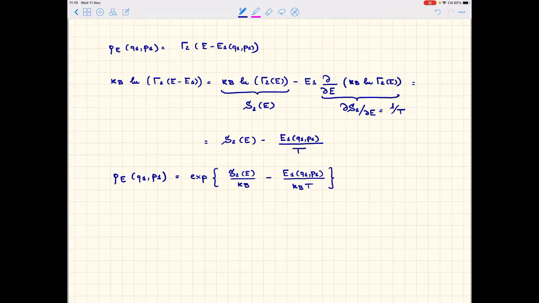In other words, what I discover is that the density in phase space of system 1 is proportional to the exponential of minus the energy E1(Q1, P1) divided by KBT.